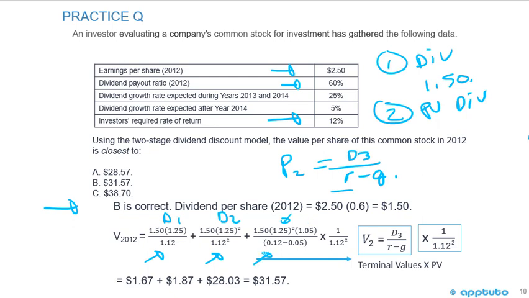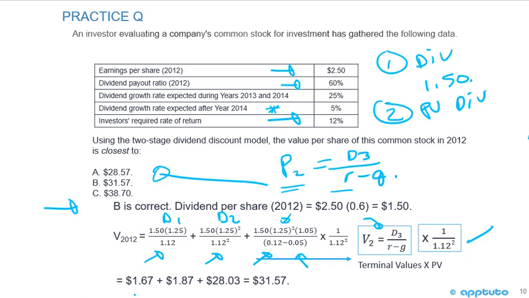R is given to us as 0.12. G is given to us as 0.05. Here's our growth rate after 2014, so you need to use that. And then you can see how they've done the terminal value here. V2 equals D3 over R minus G times 1 divided by 1.12 to the 2. Because don't forget, that's P2. You're discounting it back for just the 2 years.